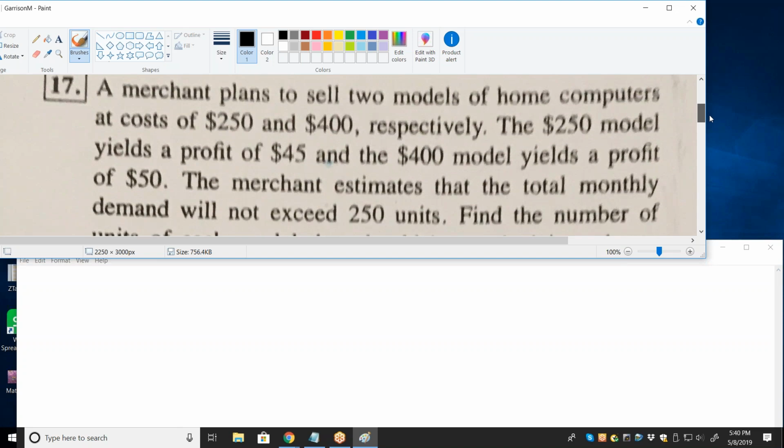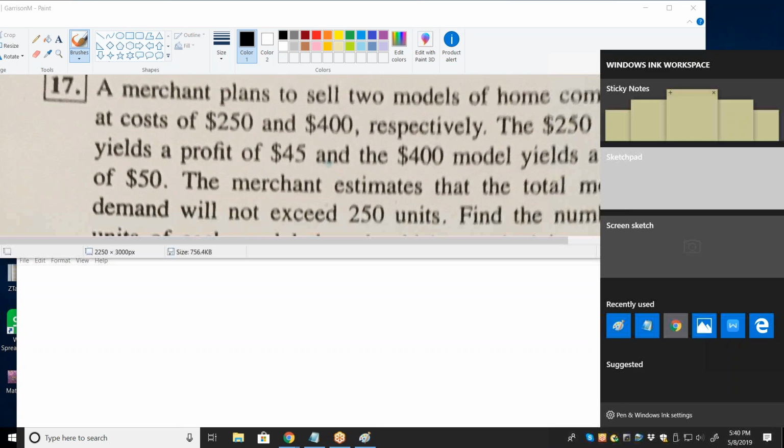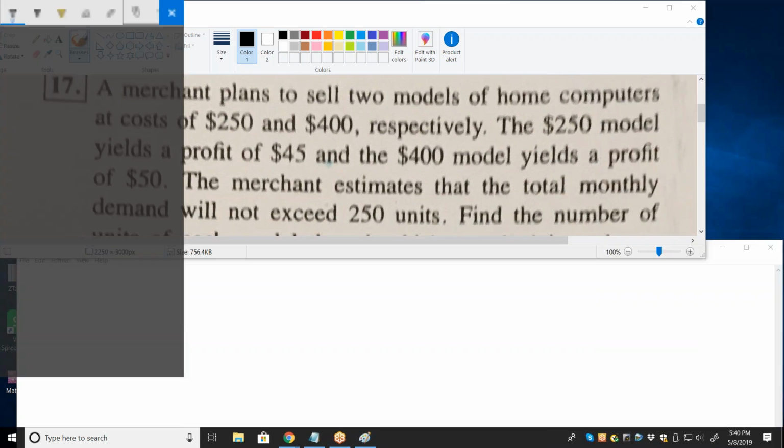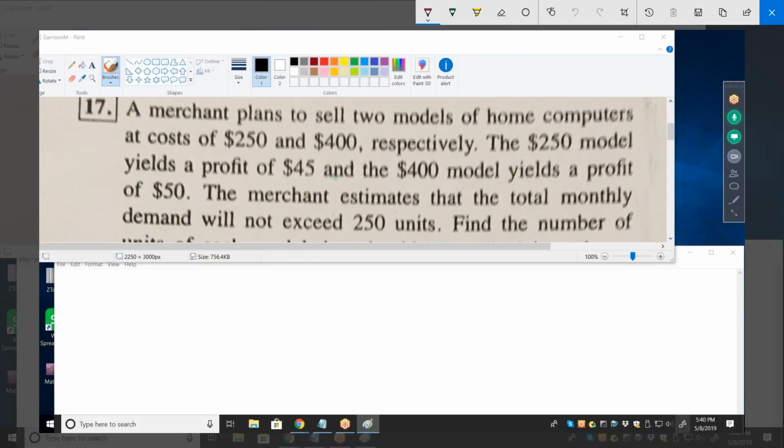So what are my variables going to be? X and Y for the two models? So be very specific when you're defining your variables.